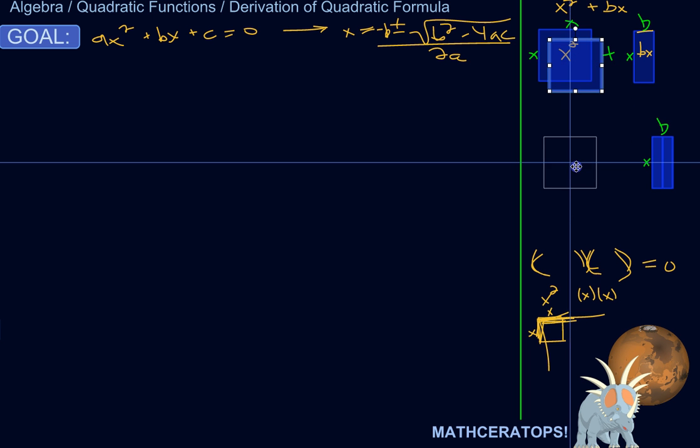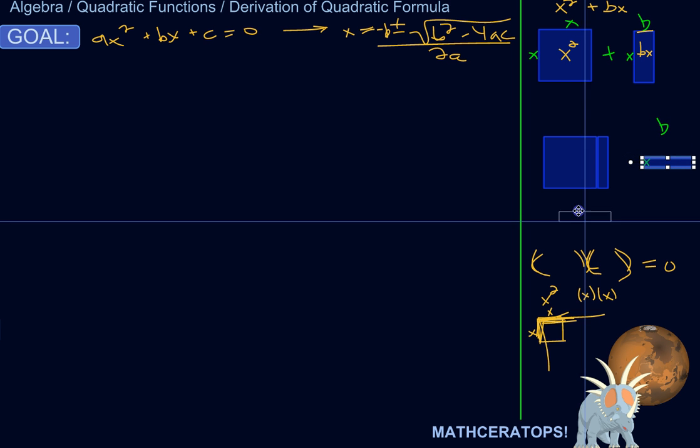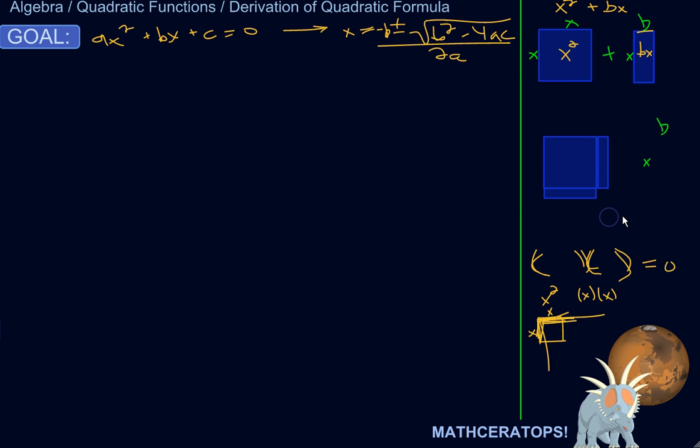So if we take this x by x square, and I take half of this rectangle and put it here, and I take the other half of it and I rotate it. Sorry, let me take just this half. And I rotate it and I put it down there. I basically almost have a square, except that there's this little chunk missing.